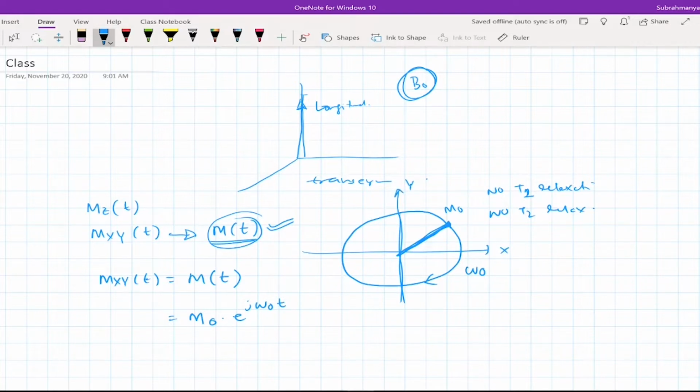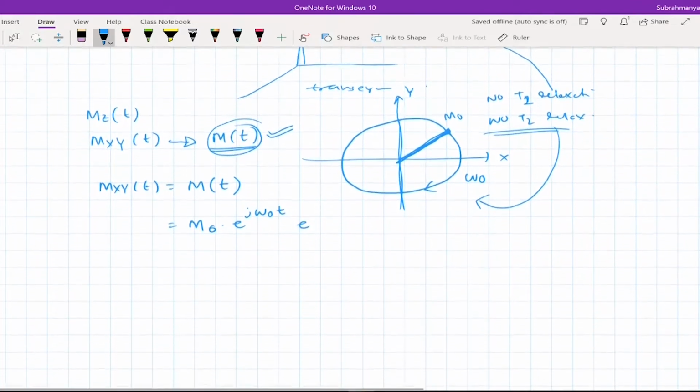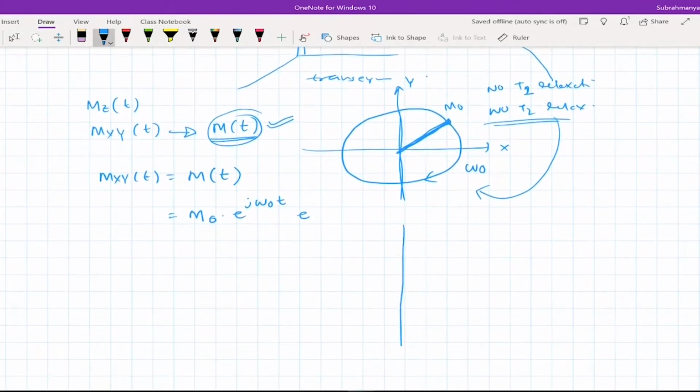Now T1 relaxation is associated with the longitudinal one, and T2 relaxation is associated with the transverse relaxation, or its value in the transverse plane. So if it is there, what would further happen here is this value would be decaying. So how would that behave? Assume that you initially have a value of M naught.